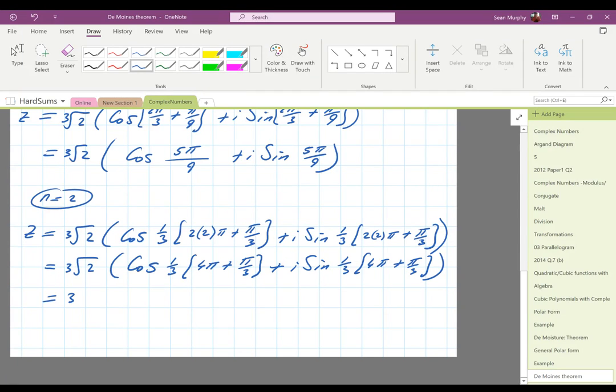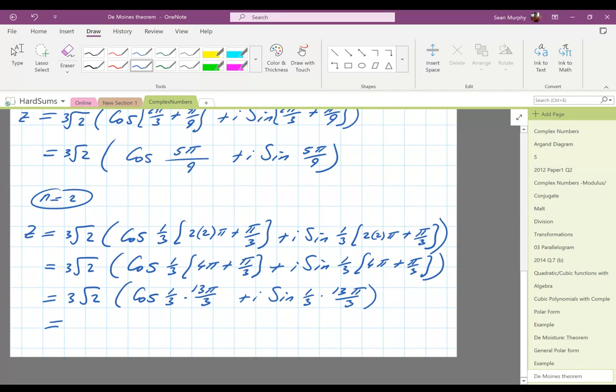And keep tidying up. We'll think of 4 pi as 12 pi over 3. And pi over 3 is 13 pi over 3 altogether. Plus i sine a third times 13 pi over 3.